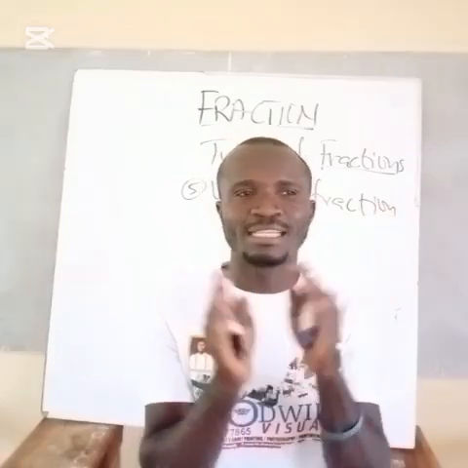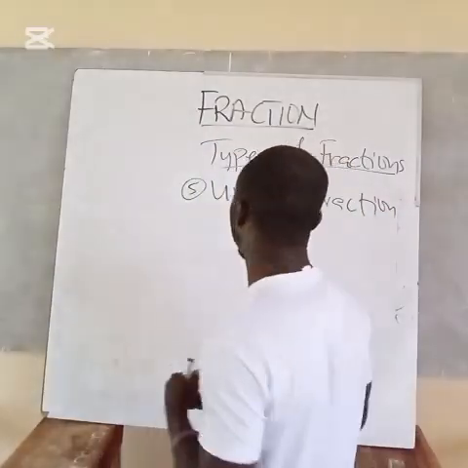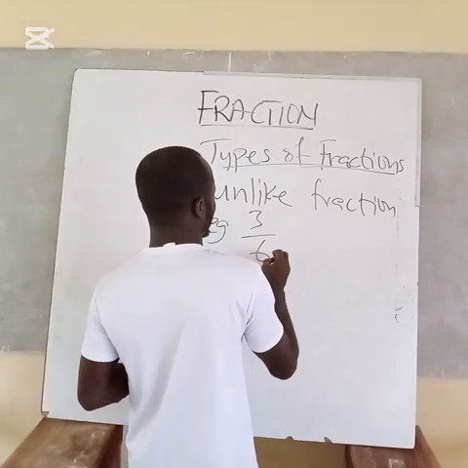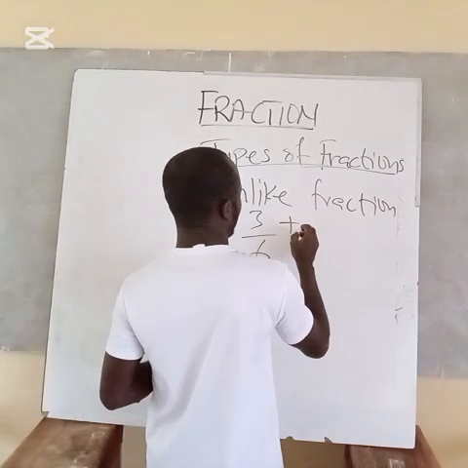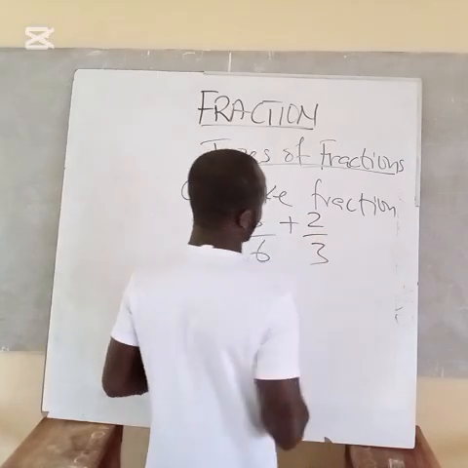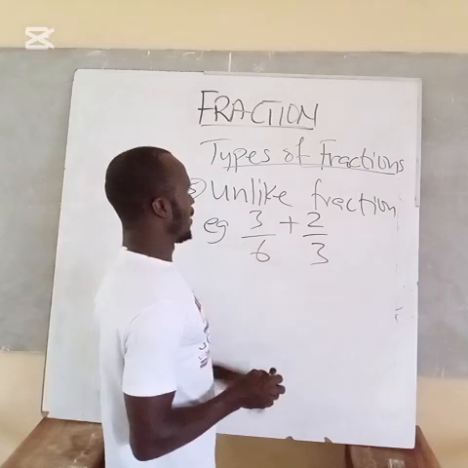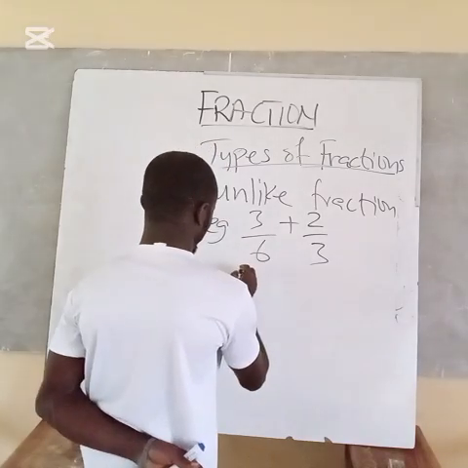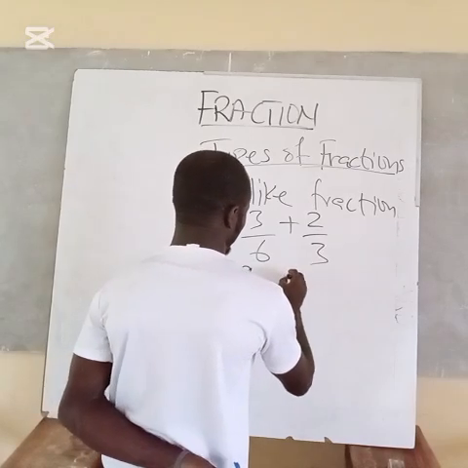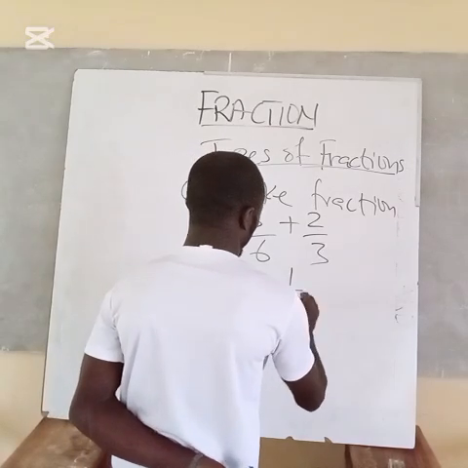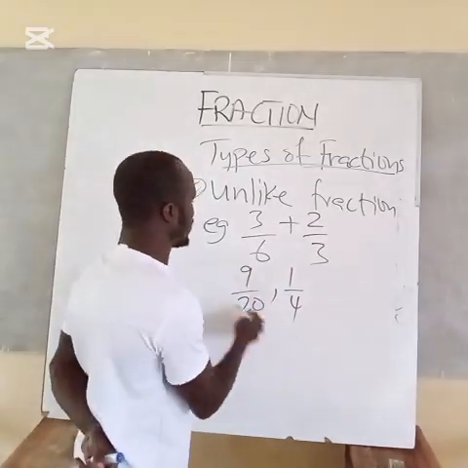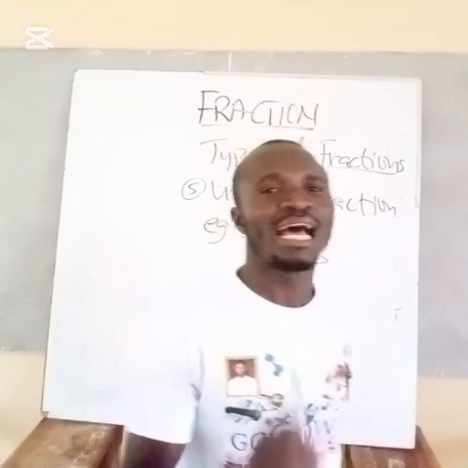For example, 3 over 6 plus 2 over 3. This is what we call unlike fractions, or 9 over 20 and 1 over 4. These are the fractions we refer to as unlike fractions because their denominators are not the same.